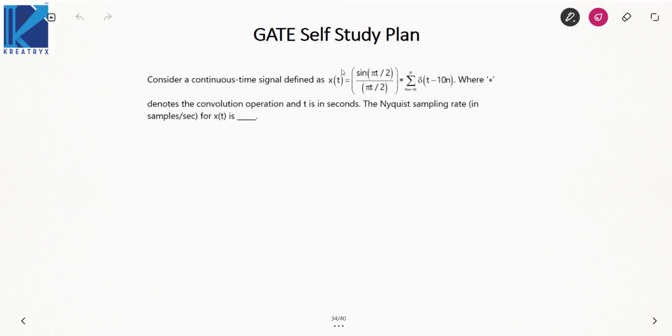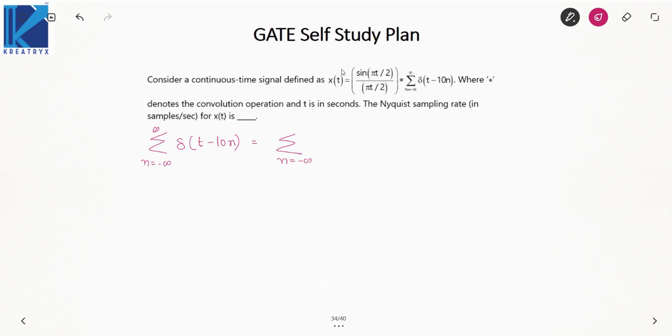Moving to the last problem, consider a continuous time signal defined as a sinc function convolved with an impulse train. We need to find the Nyquist sampling rate. Now if you want to go into the frequency domain, you need to find the Fourier transform of the impulse train. You can very well directly remember it like this.